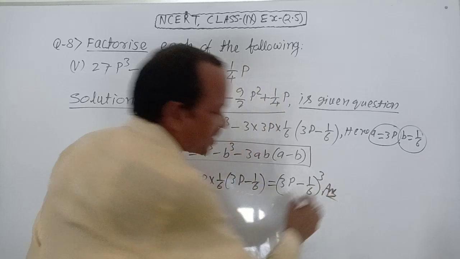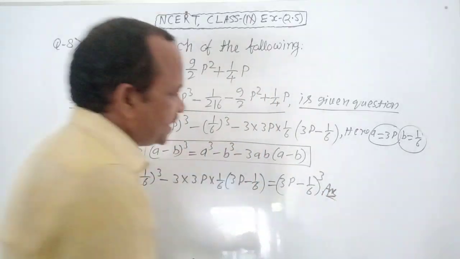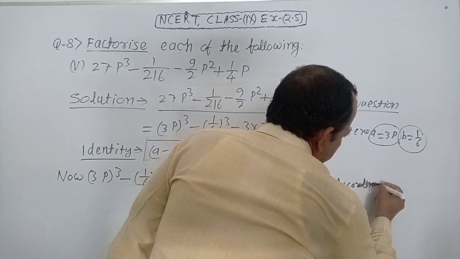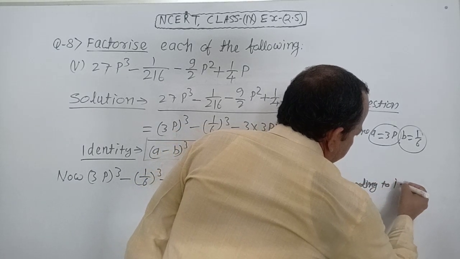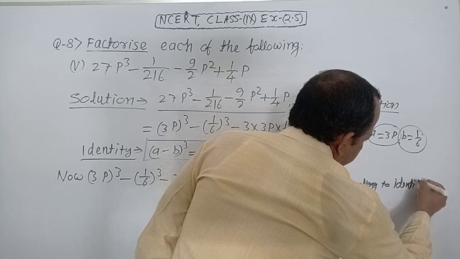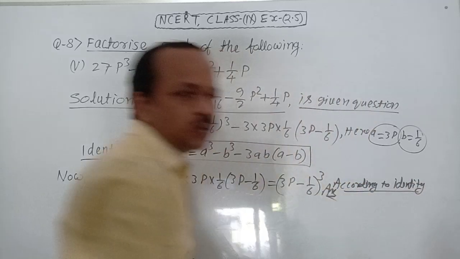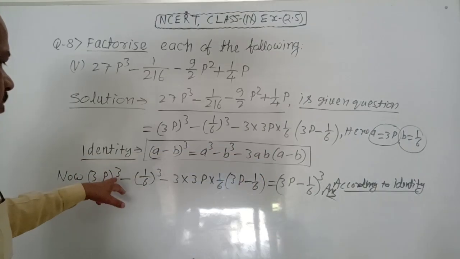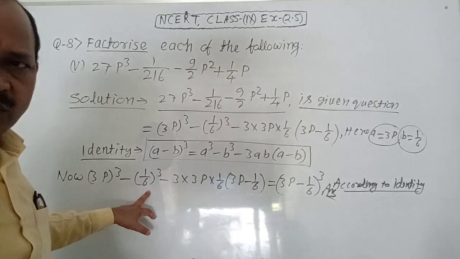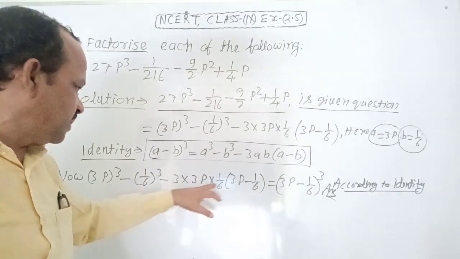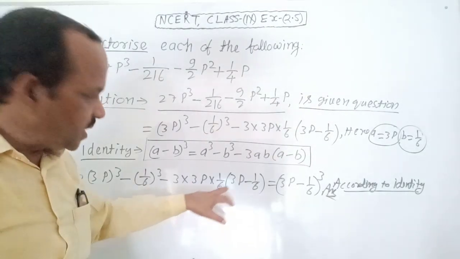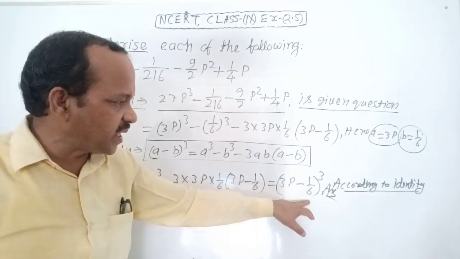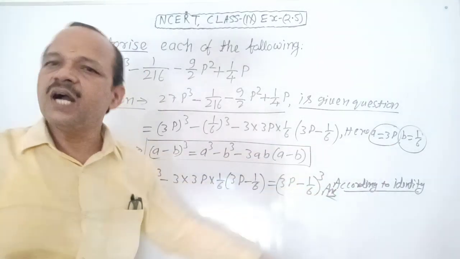Answer. According to identity, you can write it as (3p) whole cube minus (1 by 6) whole cube minus 3 multiply 3p multiply 1 by 6 in brackets (3p minus 1 by 6) equals (3p minus 1 by 6) whole cube according to identity.